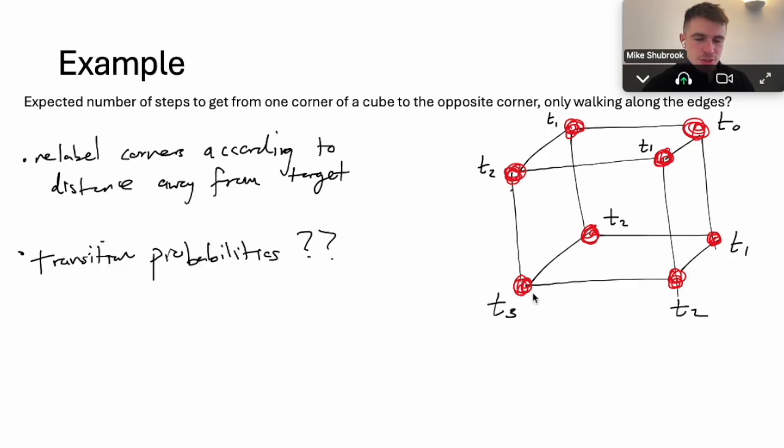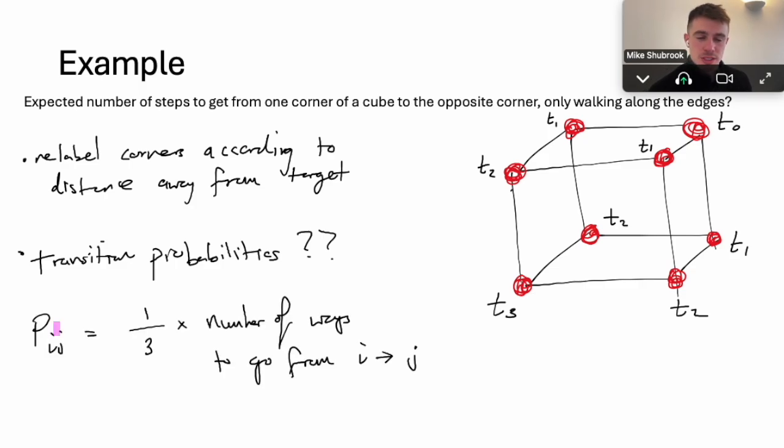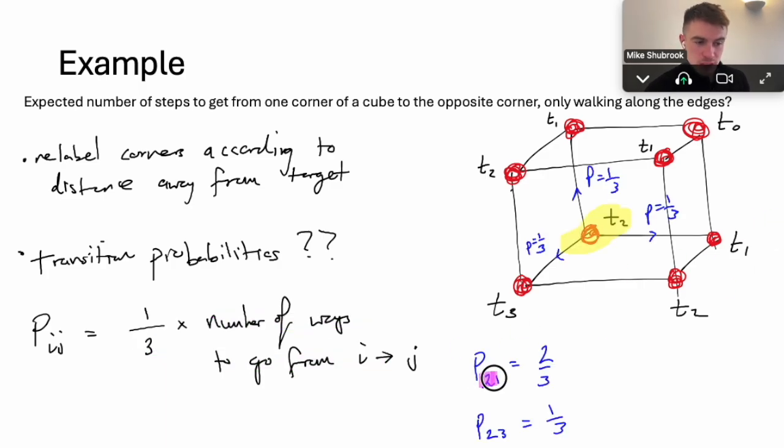So now we need to find out the transition probabilities. So in this case, the probability of transitioning from state I to state J is going to be 1/3 times the number of ways that it's possible to go from state I to state J. So for example, the probability of going from a state which is 2 steps away to a state which is 1 step away is 2/3. Let's see why. Well, here is an example of a state which is 2 steps away.